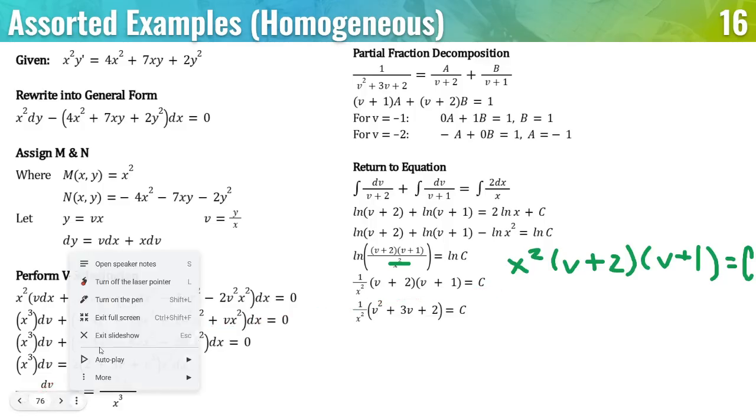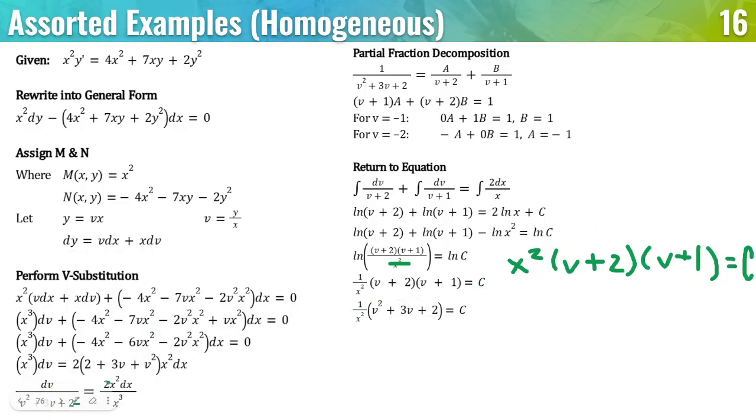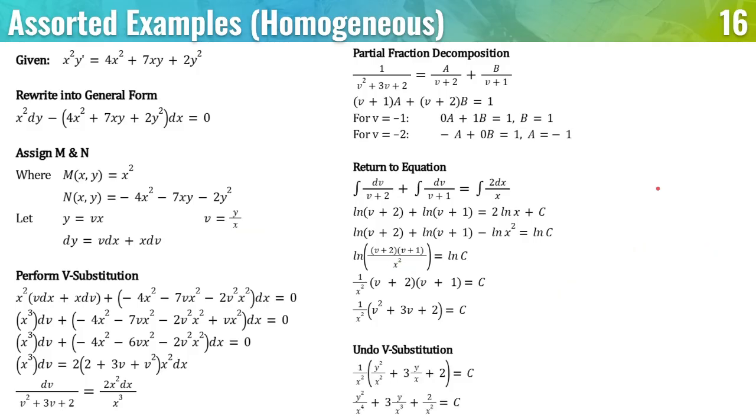I forgot to mention that we still have the v. So the v here, we call that y is equal to vx. So dividing both sides by x, v is equal to y over x. So you have to substitute it back. And then this is going to be one of the acceptable final answers. So again, the x squared must be in the numerator.